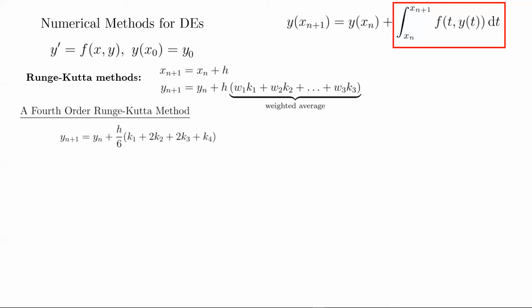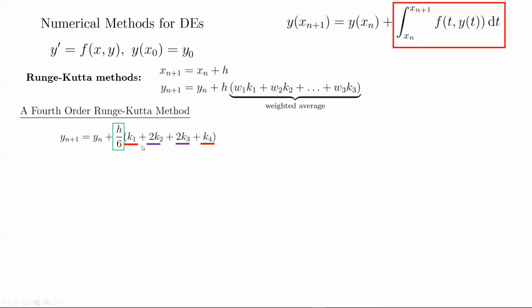Here I'm going to be choosing the weights of our k's to be unequal. You can see here that for the first term and the last term, k1 and k4, the weights are both 1/6. The two terms in the middle, k2 and k3, have weights of 2/6, or 1/3.